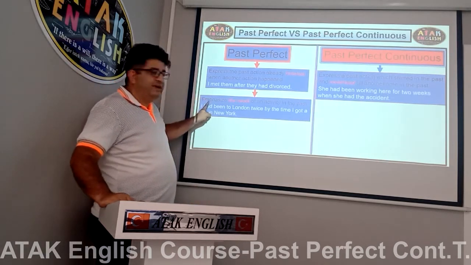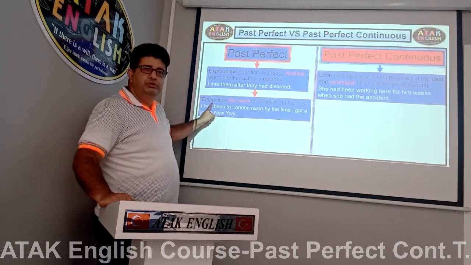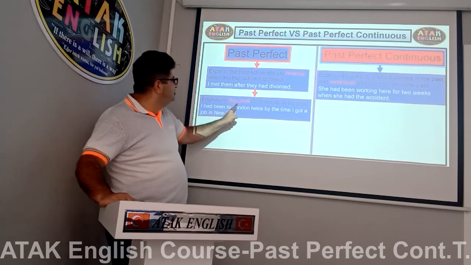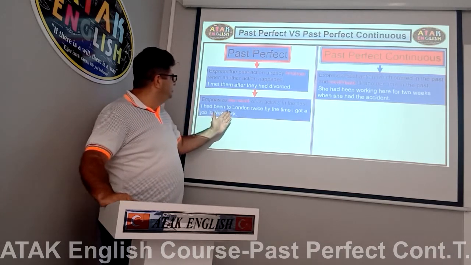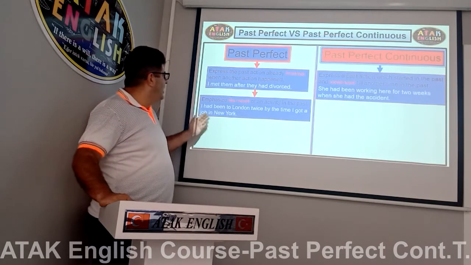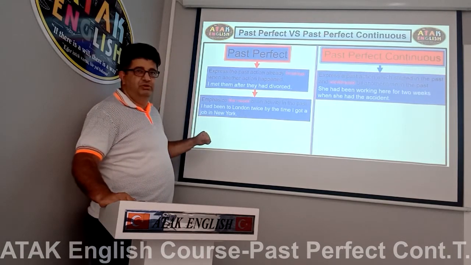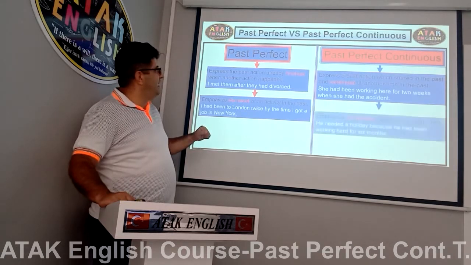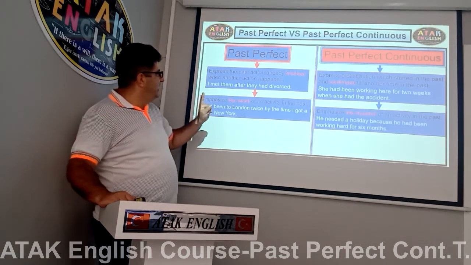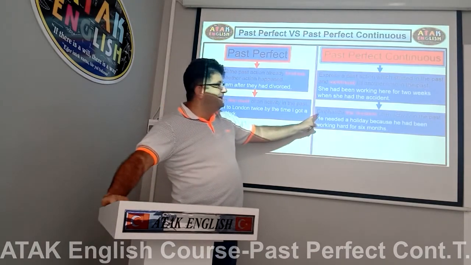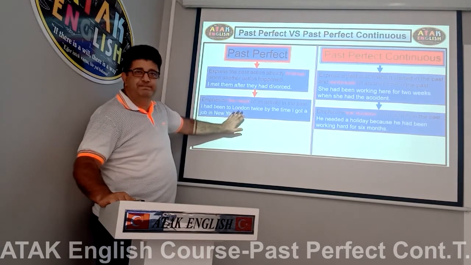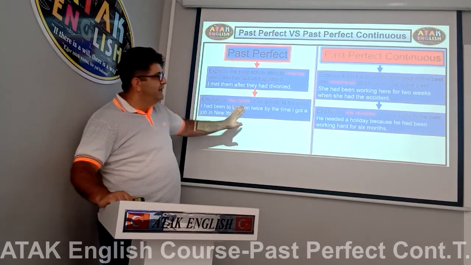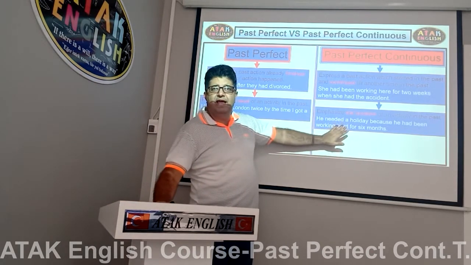Okay, past perfect is also used to emphasize the result of an action or activity in the past. Example, I had been to London twice by the time I got a job in New York. On the other hand, past perfect continuous does not emphasize action as well as past perfect, but it emphasizes the duration, the time period.